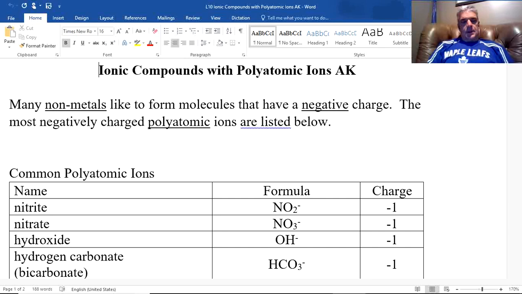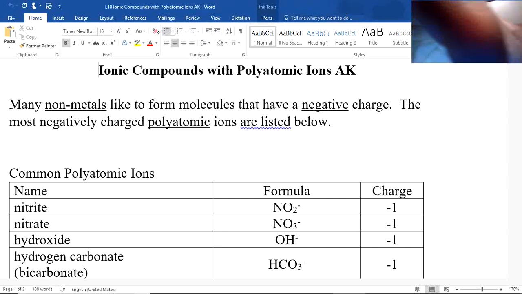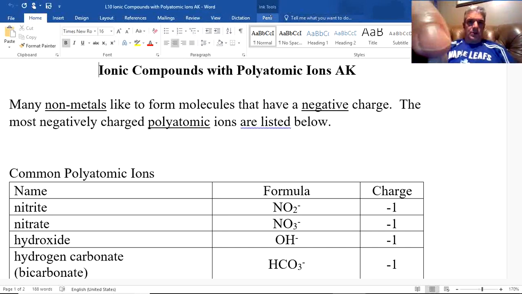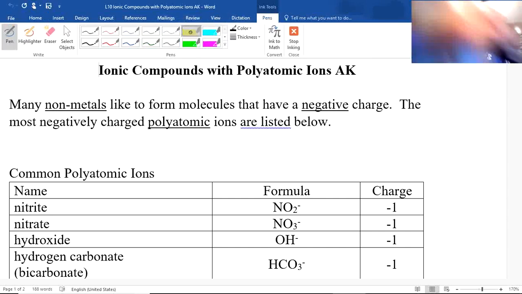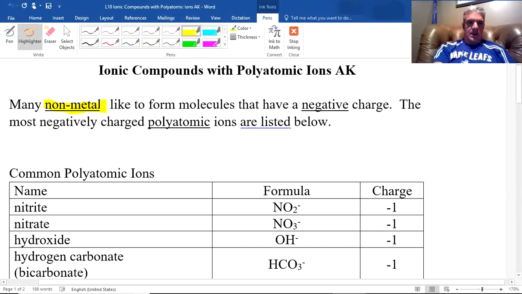Now, in this particular lesson, you're going to learn how nonmetals join and make molecules, as we've learned, and some nonmetals like to form molecules that have a negative charge. The most common negatively charged polyatomic ions are listed below.